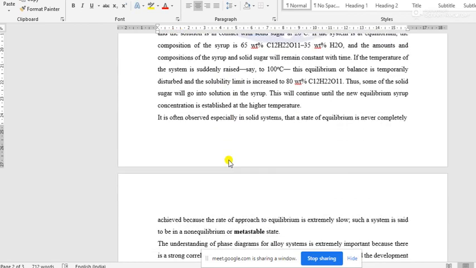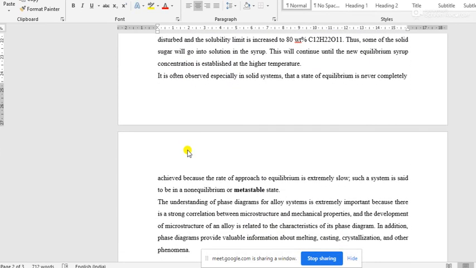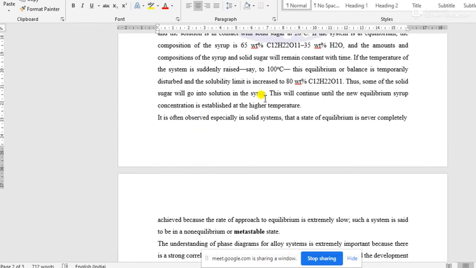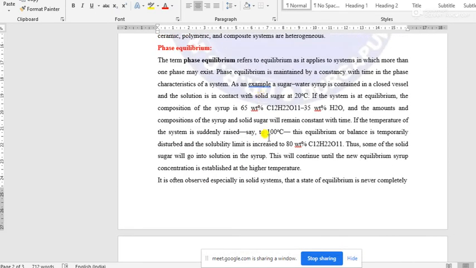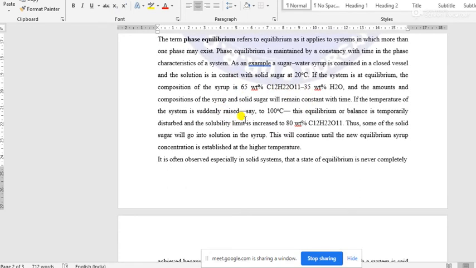Now, one important thing: this subject is not related to this kind of simple sugar syrup solution. This subject is related to alloys and those things, solid mixtures, solid systems.